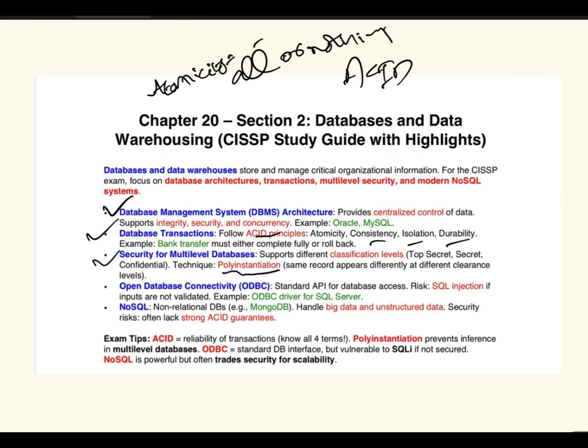For a top secret user the location is known, but confidential users might not know the exact location. For them, it is unknown. So polyinstantiation prevents inference attacks in multi-level secure databases.